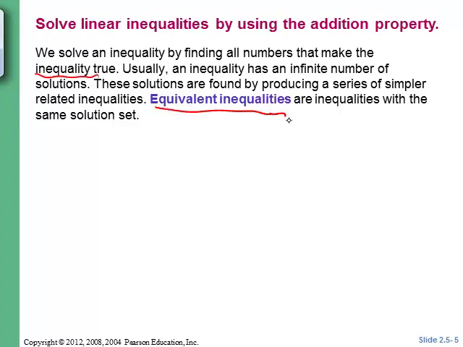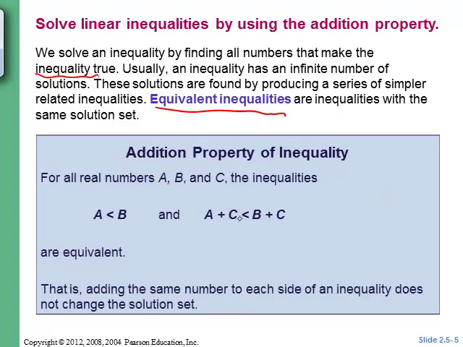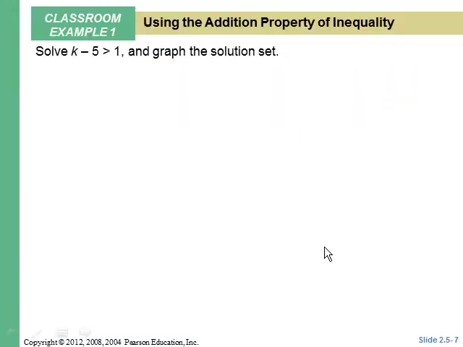We do it by making equivalent inequalities. So we can do it using the addition property, which says you can add the same number to both sides, just like we had in equalities. So here we have an inequality. Let's solve it by adding 5 to both sides, and we get k is greater than 6.